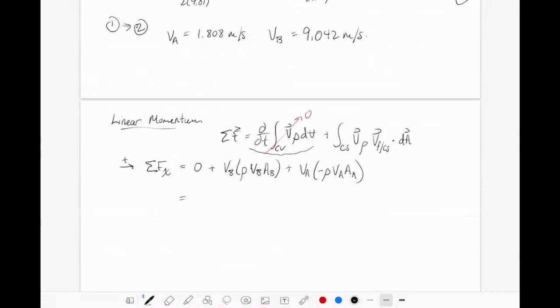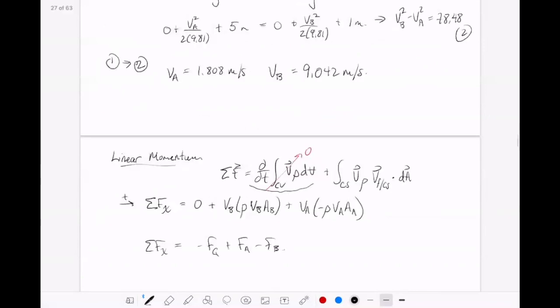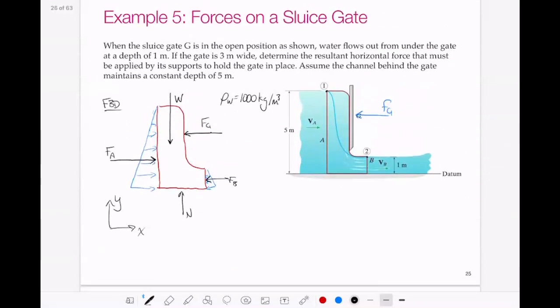So from our free body diagram, we had minus Fg plus Fa minus Fb. So now we have to think back, what is the resultant force at A and B? This is going to be related to our forces on plane surfaces. So what is the resultant force at A?